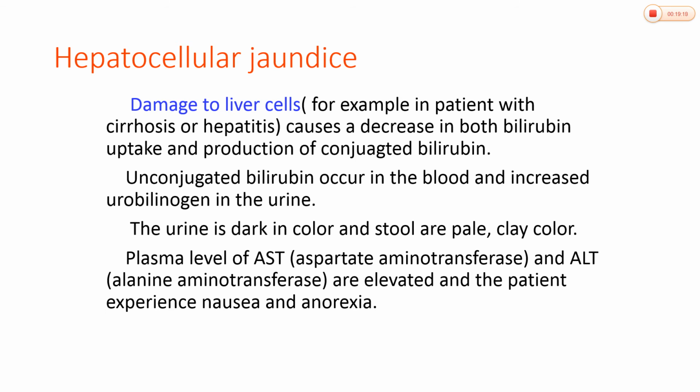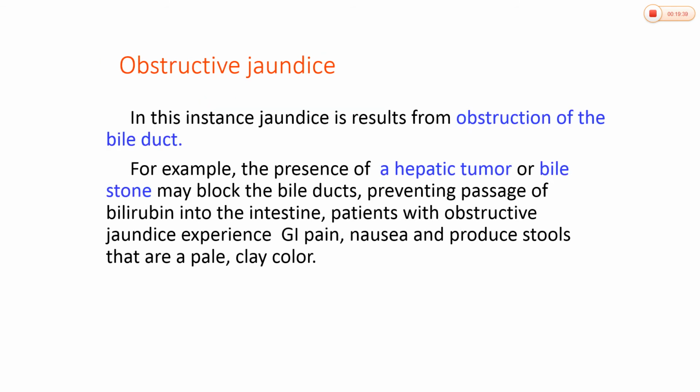So the urine is dark in color and the stool becomes pale or clay in color, and the plasma levels of the aminotransferases, both AST and ALT, the aspartate aminotransferase and the alanine aminotransferase, are elevated, and the patient experiences nausea in this condition.